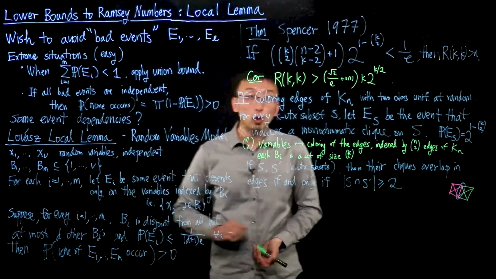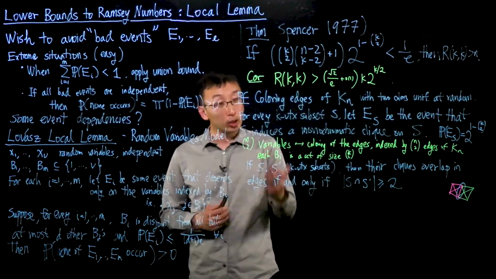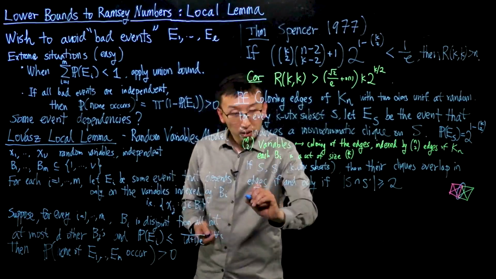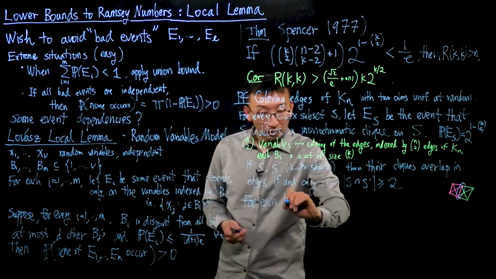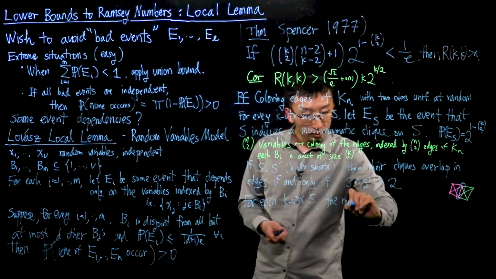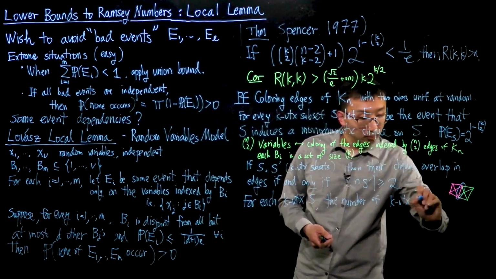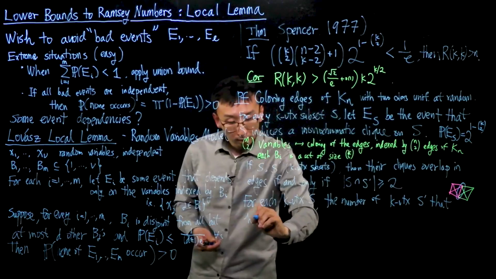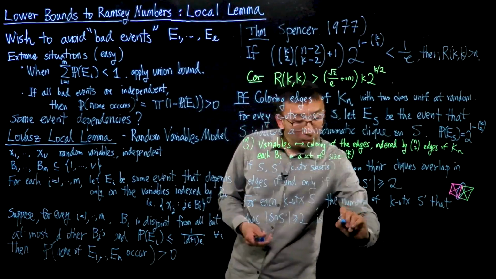So to apply the local lemma, we need to check how many other S primes intersect a given S in terms of their edge set. And this is a calculation that we can do as follows. For each k-vertex S, the number of k-vertex S primes that have intersection size at least 2 with S is at most the following.